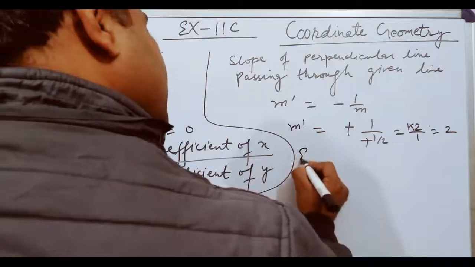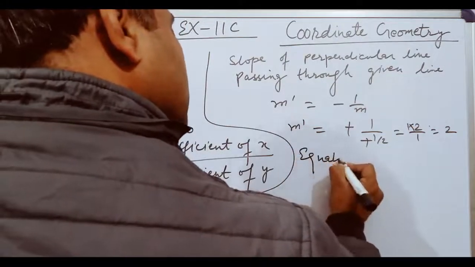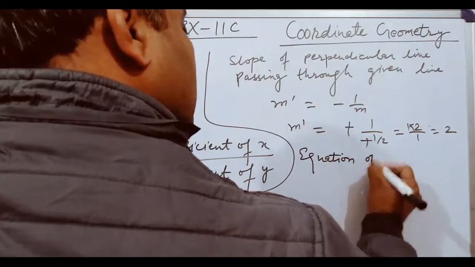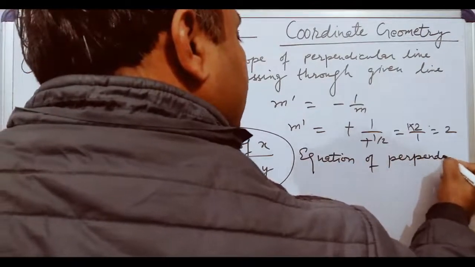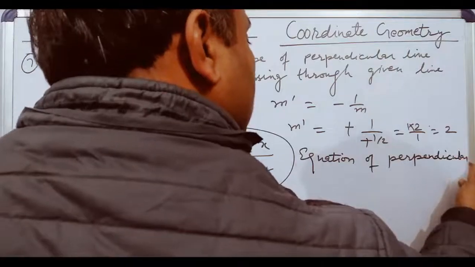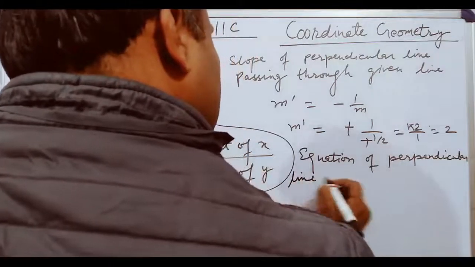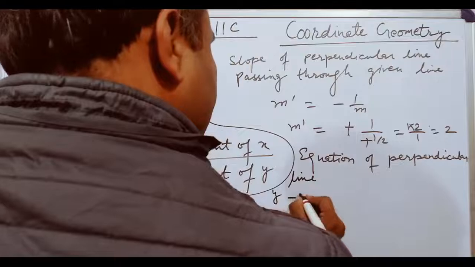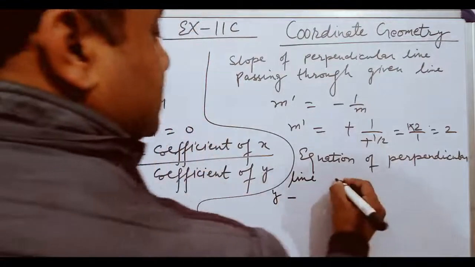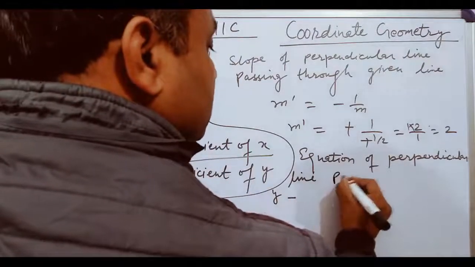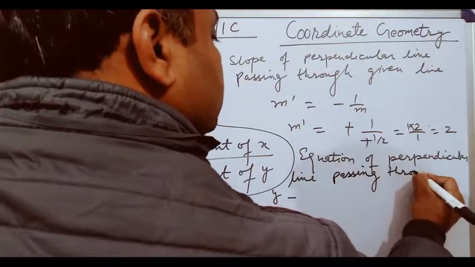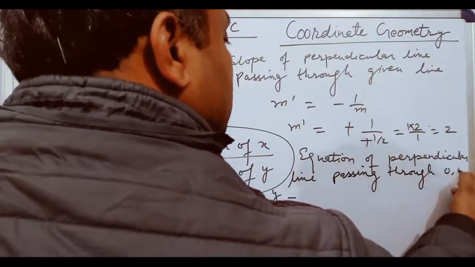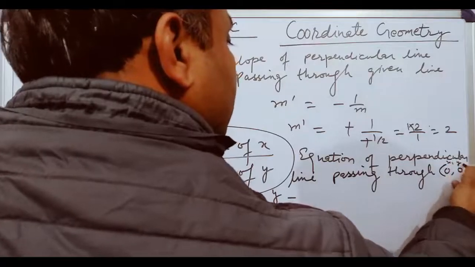Then the equation of the perpendicular line passing through the origin, meaning (0, 0). This is x1, y1.